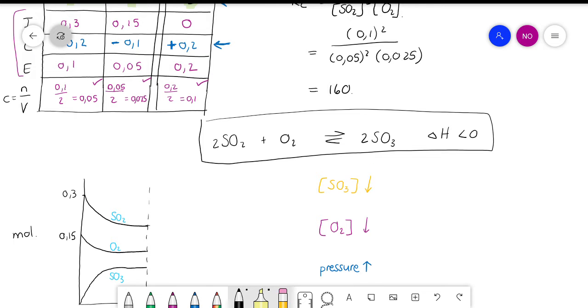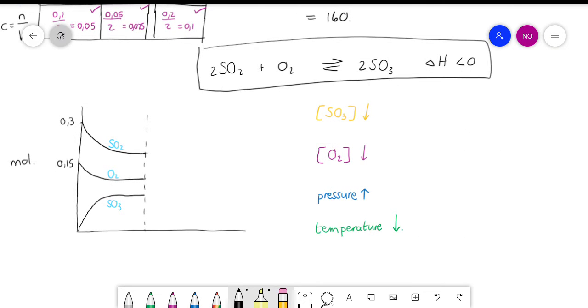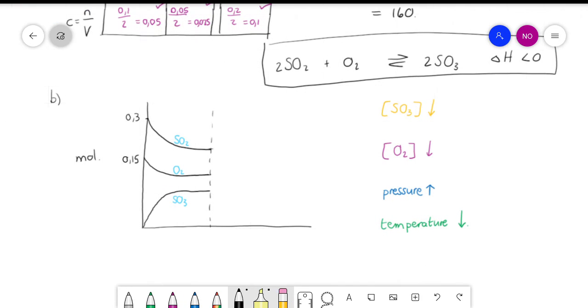So we're going to go through those four changes. It's important that you realize this one is mole versus time, and the graphs for concentration versus time work the same, so this can either be mole or concentration. Do you see we started with 0.3 mole of this and 0.15 of this, and with nothing there.